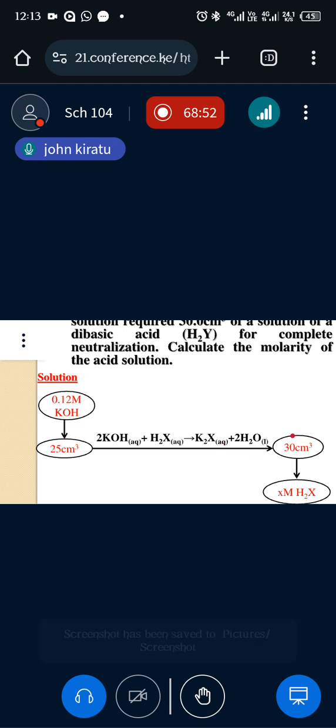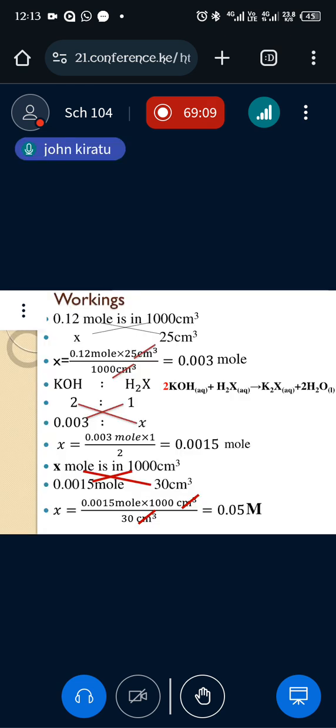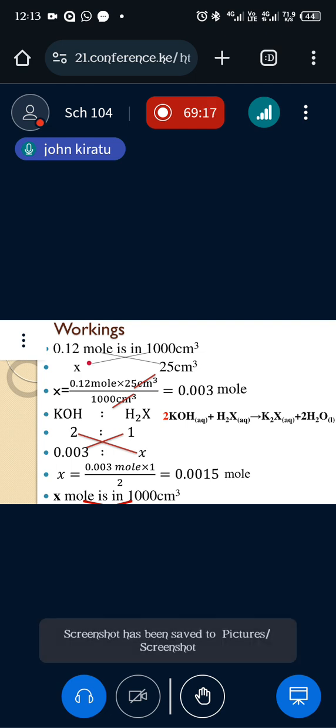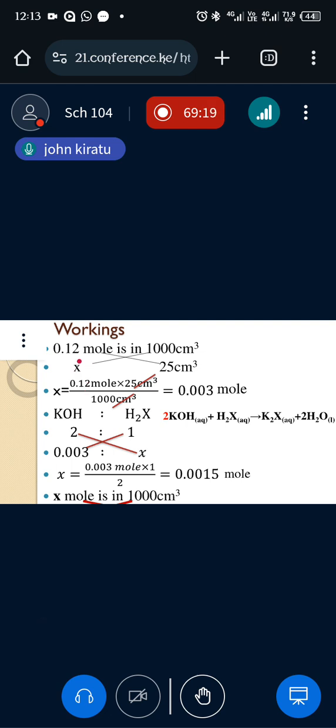Now from there, we know after titration we used 30 centimeters cubed. The first thing is you find the moles, because we know the molarity. We need to know how many moles we took. We know very well when we say 0.12 molar, we mean 0.12 moles in 1,000 centimeters cubed.